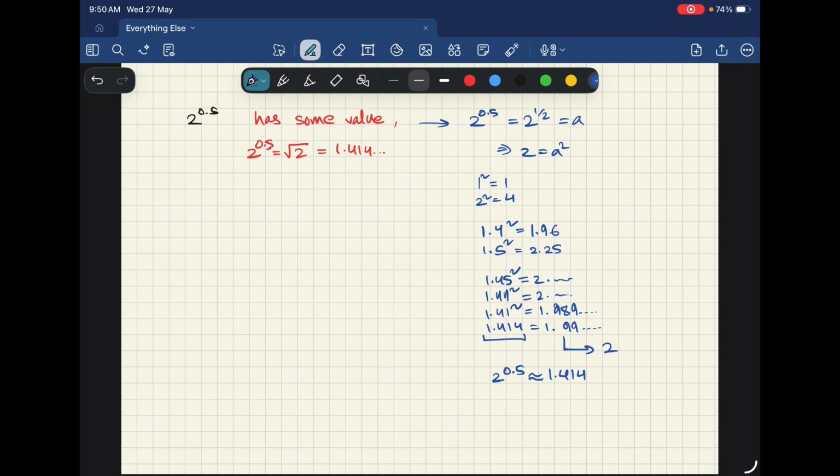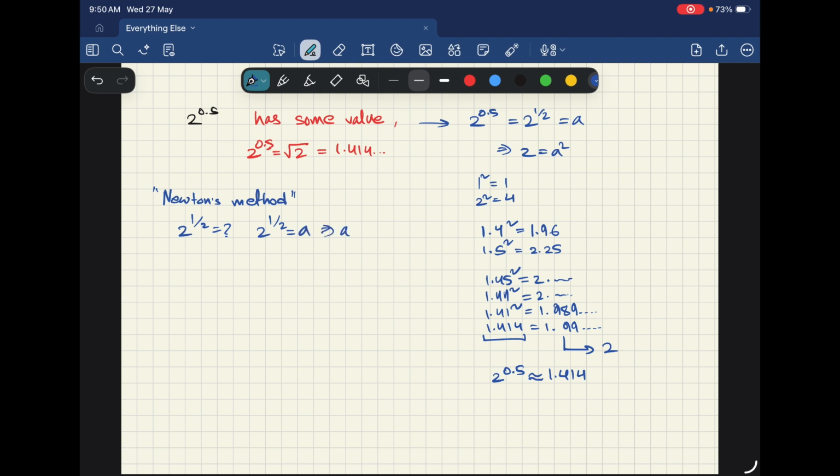We use computational methods. One of those methods is what we call Newton's method. What it does is that we define a function. Let's say we are asked what is 2 to the power 1 by 2. So we say that 2 to the power 1 by 2 is a.